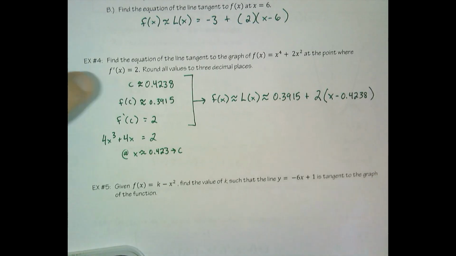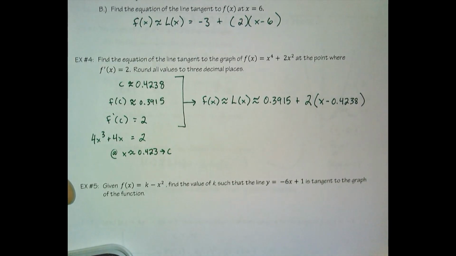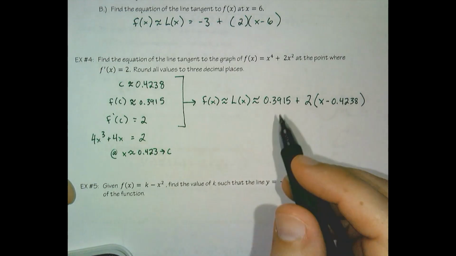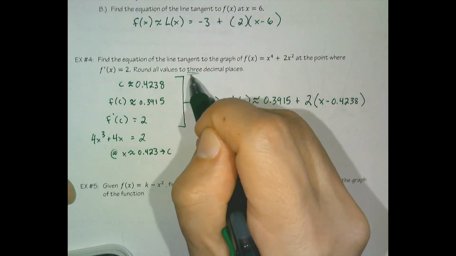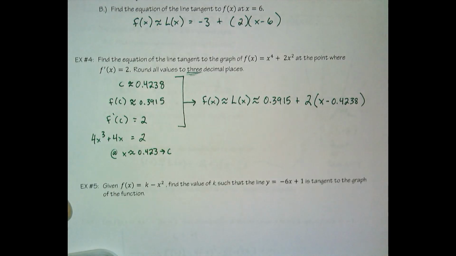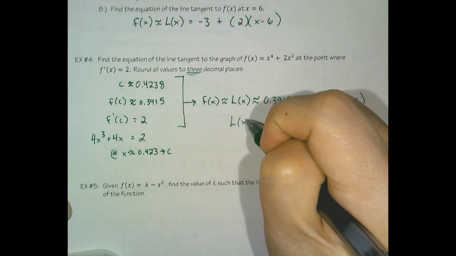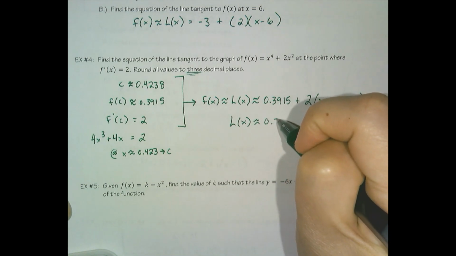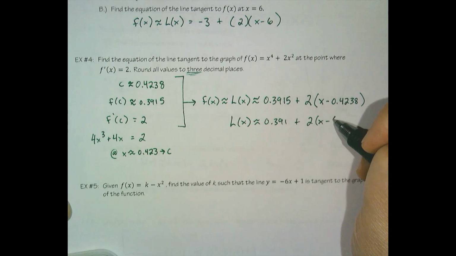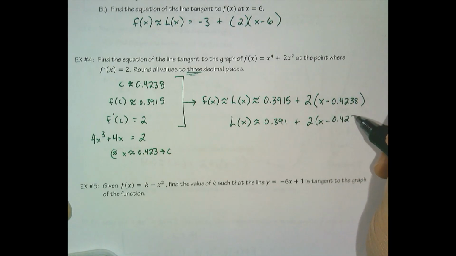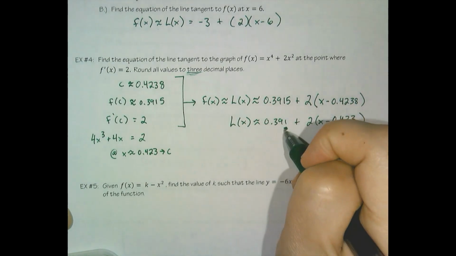So this is our approximate tangent line. I rounded to 4 decimal places. They said to 3. 3 is the more common one for the AP test. So L of x is 0.391 or 2 and 0.423 or 4.